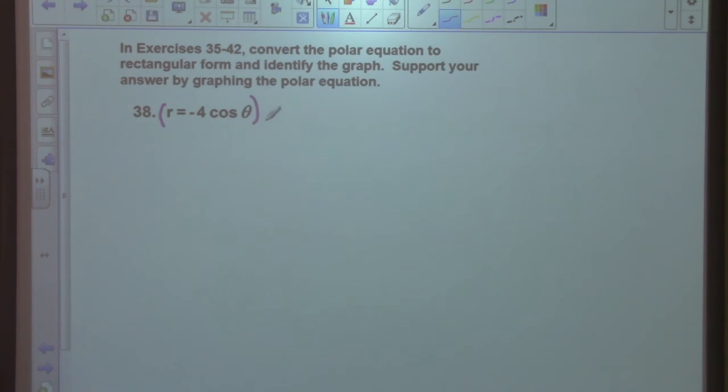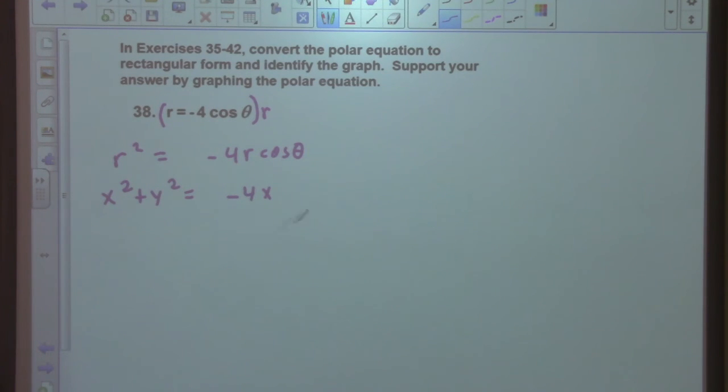If we take this equation, multiply by r, we're going to get r squared equals negative 4r cosine theta, and we can replace r cosine theta with x, right? So on the left side we have x squared plus y squared equals, on the right side, negative 4x.